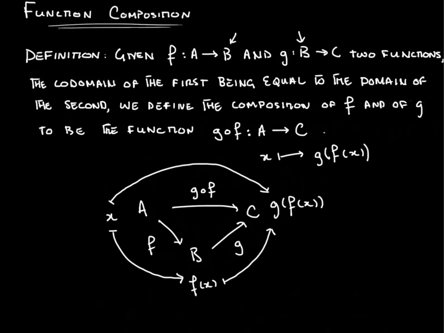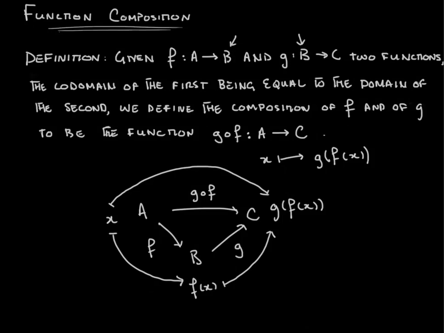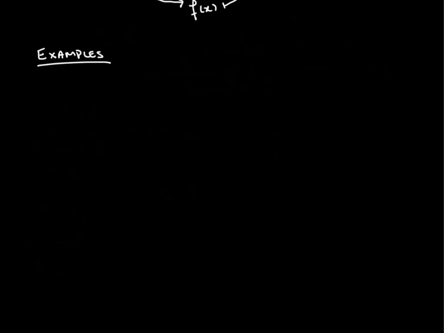Alright, so let's go over a few examples. In our first example, we'll finally be able to justify why we call the identity function the identity function. So we're going to start with an arbitrary function f that goes from A to B, and we'll compose it with the identity function over A. And this function happens to be equal to simply f.